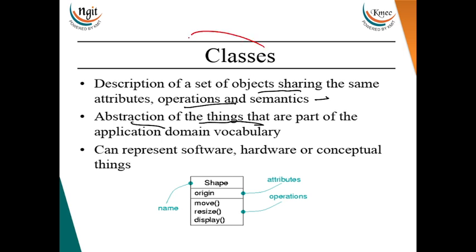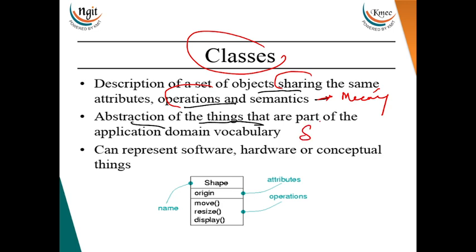First, we have already seen class diagrams. They describe the set of objects sharing the same attributes, operations and semantics. Semantic means meaning, correct? A class is an abstraction of a thing that is part of a domain with vocabulary. If I see any vocabulary, I can tell that it's an abstraction.